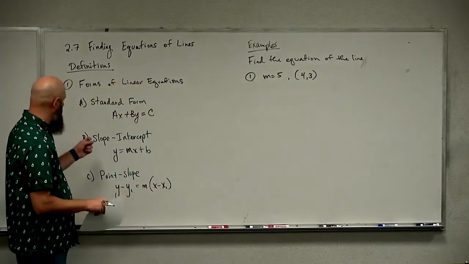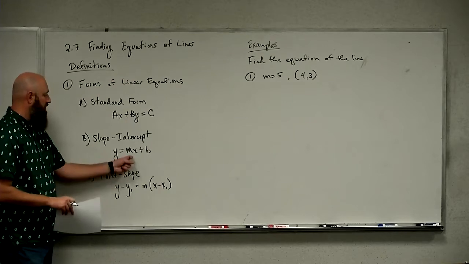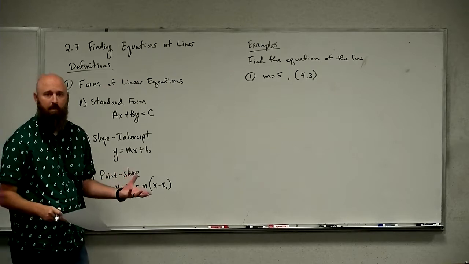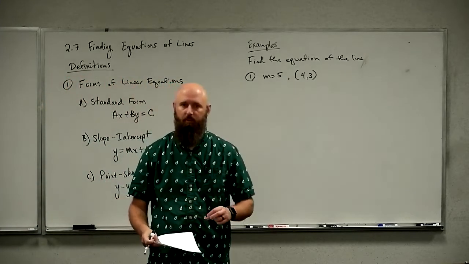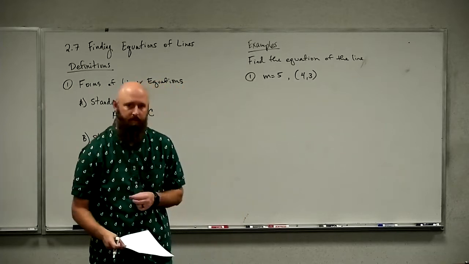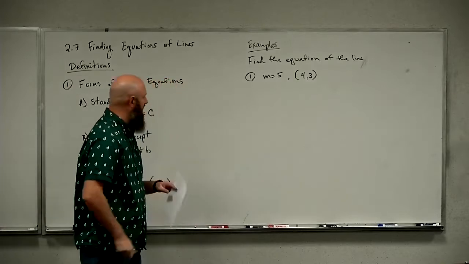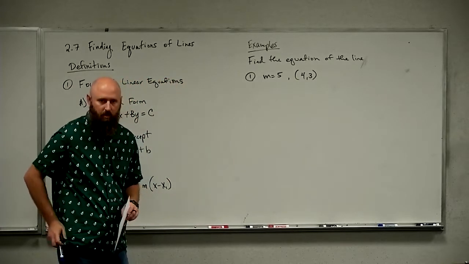Now, whether you use slope-intercept or point-slope, you need the slope and you need a point. So we always need that information. We need to make sure we have the slope and at least one point in order to work our problem. Since we have both, we can plug into point-slope, which is what I'm going to use.